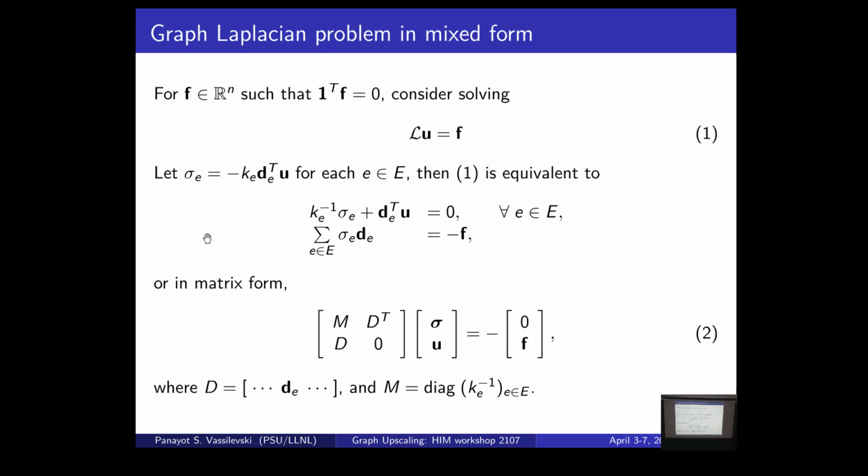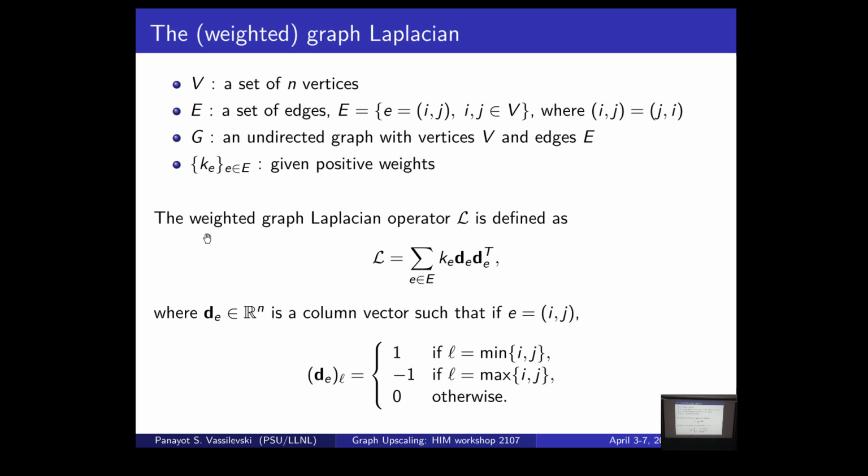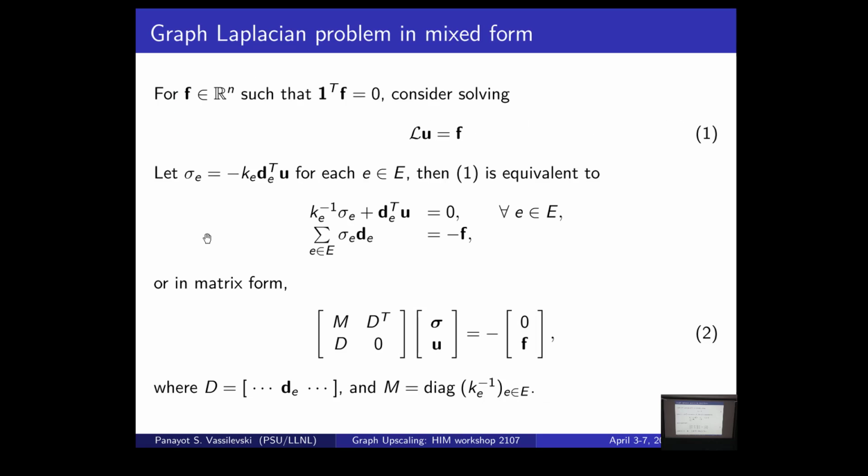because L is kind of factored. So I have this portion only used to define the edge degrees of freedom, and I can put the coefficient there. The coefficient is positive. And if you solve this for the edge degree of freedom, you get this equation for all edges, and then what remains is the second portion.